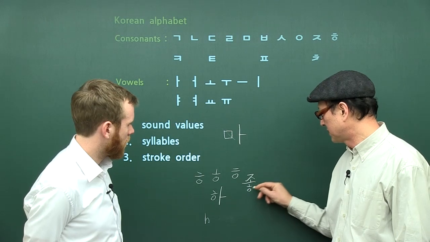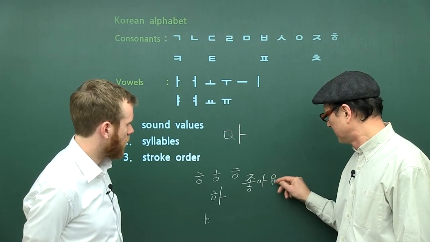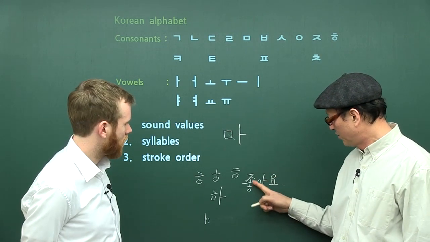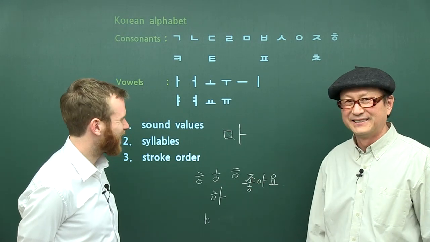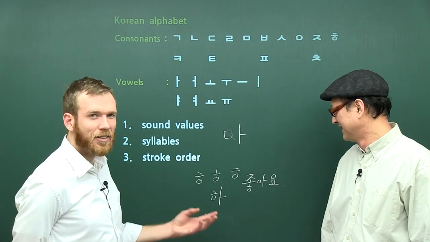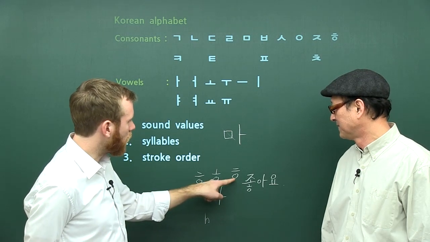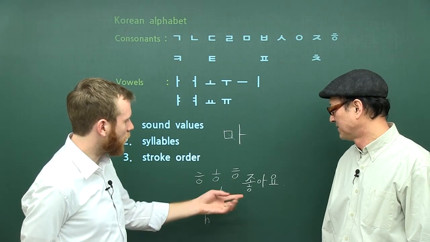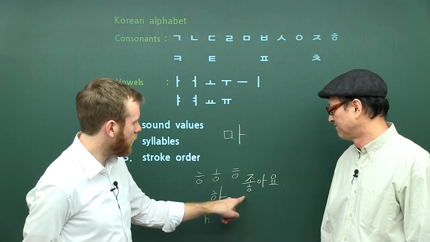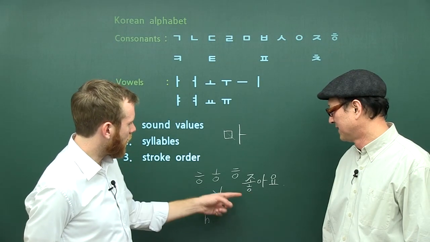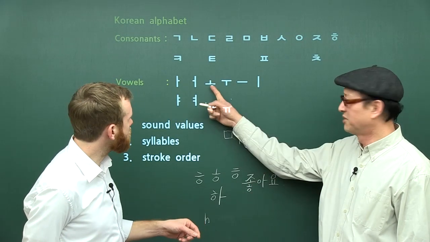Sometimes my students ask me, how come there are two O's there? So it can look confusing, especially if you're only used to seeing it written one way. To look at this says 좋아요. 여기 we didn't do this vowel yet.